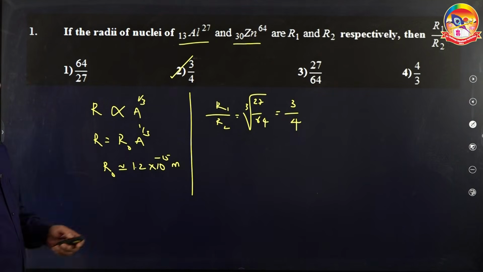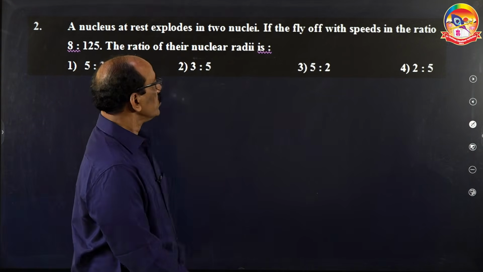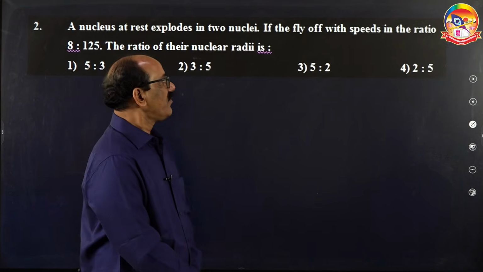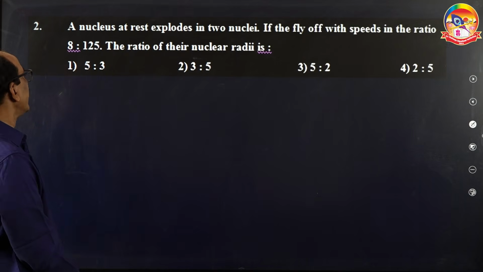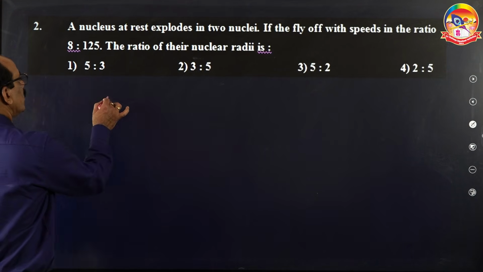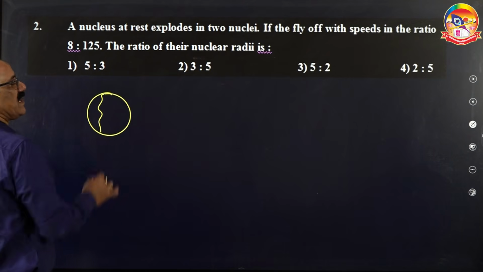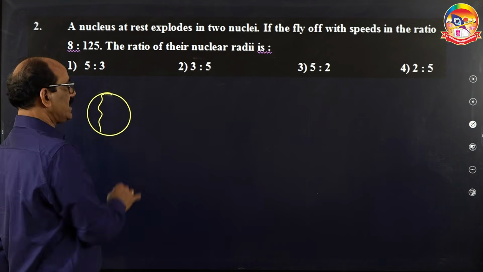Let us now look at the second numerical: a nucleus at rest explodes into two nuclei. If they fly off with speeds in the ratio 8:125, the ratio of their nuclear radii is. So if a nucleus at rest explodes into two fragments, it is because of internal forces.